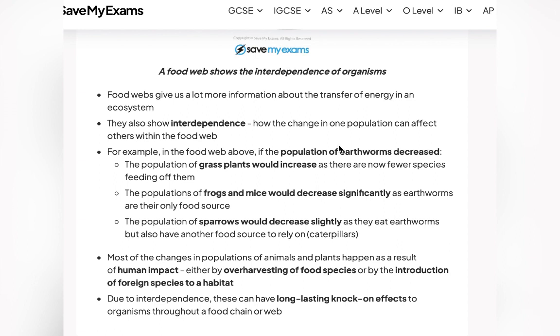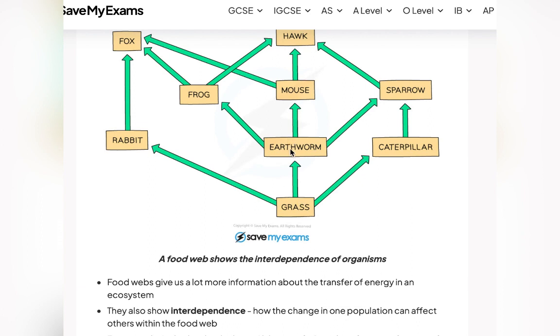For example, in the food web above, suppose the population of the earthworm decreased. Then the population of grass will increase. Among the things that eat grass are the caterpillar, the earthworm, and the rabbit. If the earthworm is no longer there, then the grass will increase, because one of the organisms feeding on it has reduced drastically.